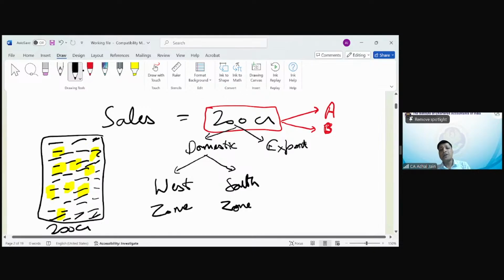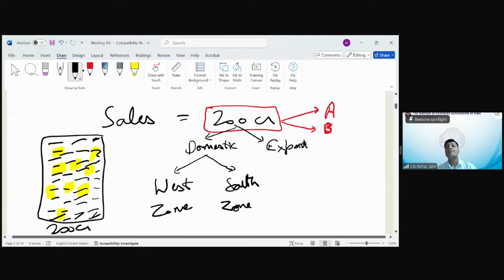That your sample should pick up some sales transactions of A, some of B, some of domestic, some of export. Even in domestic, some of both the zones are picked up. Yes or no? That's how you will ensure that each and every type of transaction you have verified, each and every type of arrangement you have looked at. That's what you will try to do as an auditor. Tell me, yes or no? Yes, sir.